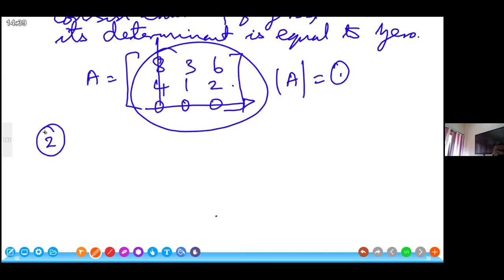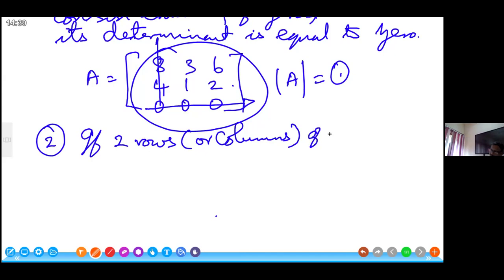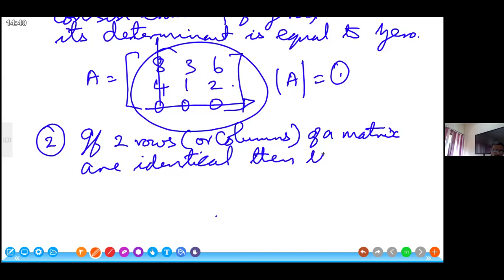The second property: if two rows or columns of a matrix are identical, then the determinant is equal to 0.